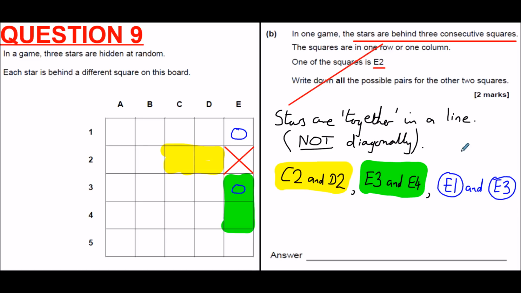So that's what we need to be putting down on our answer line. So it could be C2 and D2. We could have E3 and E4. The final combination, it could be E1 and E3.